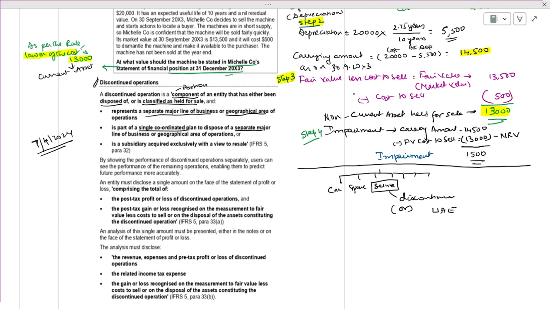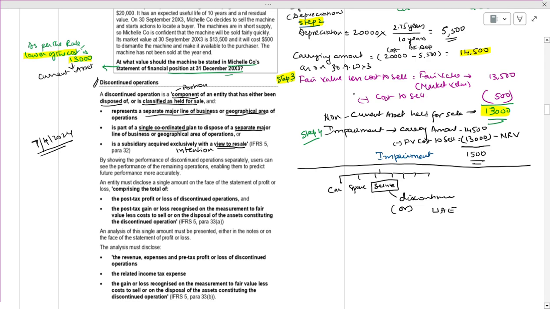Or it is a subsidiary acquired exclusively with a view to resale. You are buying some other business with the intention very clear: you want to resell.